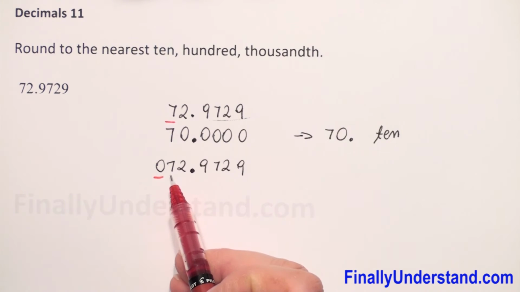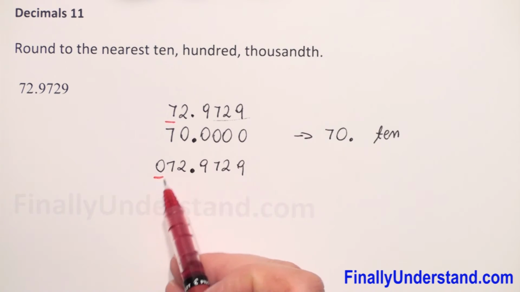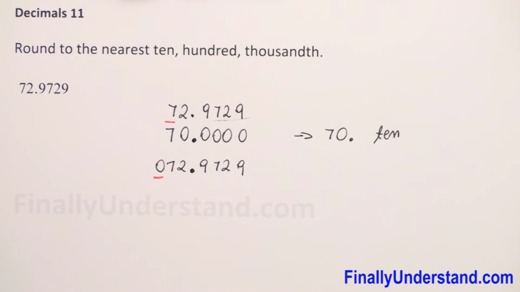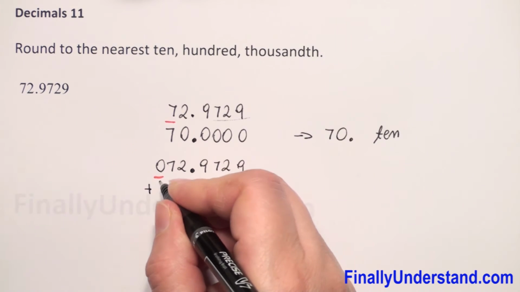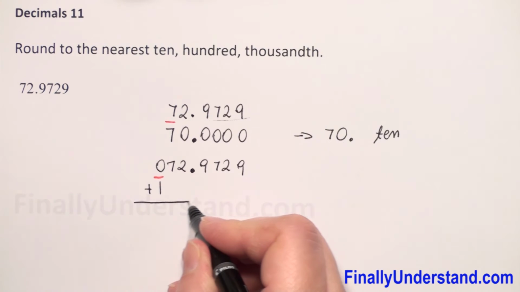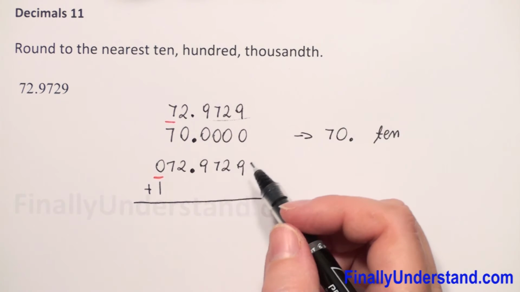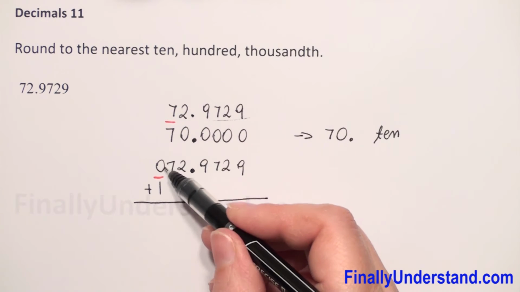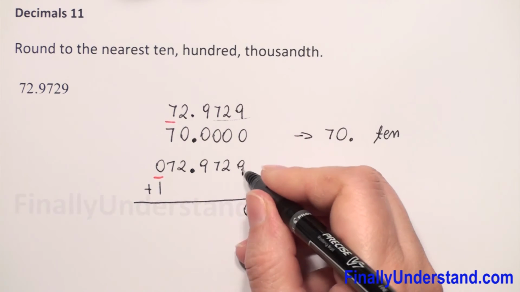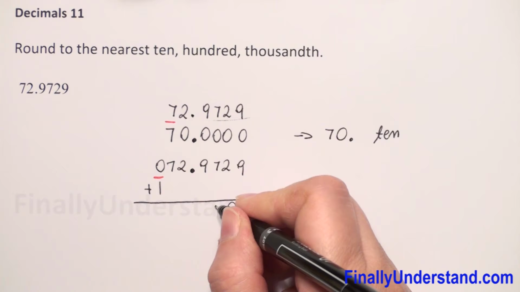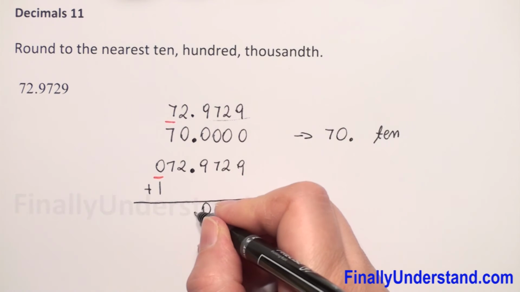7. When we have 5 or more after our underlined digit, what do we have to do? We have to add 1 to our underlined digit, so it will be plus 1. And don't forget that every digit after our underlined digit we need to change to zeros. So now 9 will be 0, 2 will be 0, 7, 0, 9, 0.